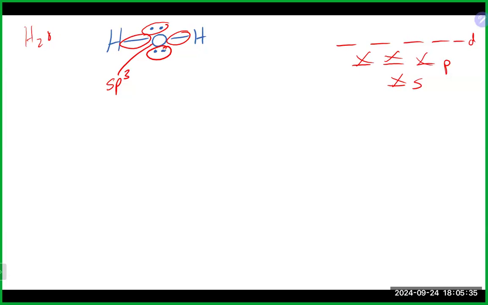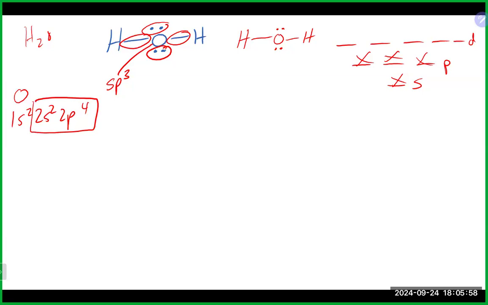Count electron pairs and mark them off the boxes, basically, in terms of hybridization. So what's happening here in the case of water is we got some bonds happening. We have some lone pairs happening. So if we look at the oxygen's electron configuration, 1s2, 2s2, 2p4, oxygen has 6 valence electrons.